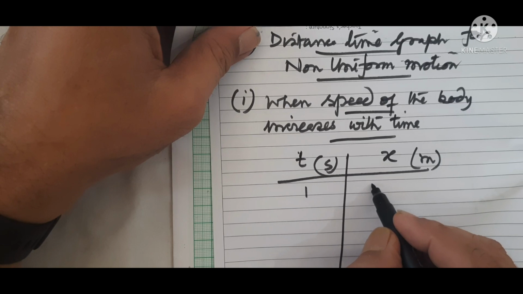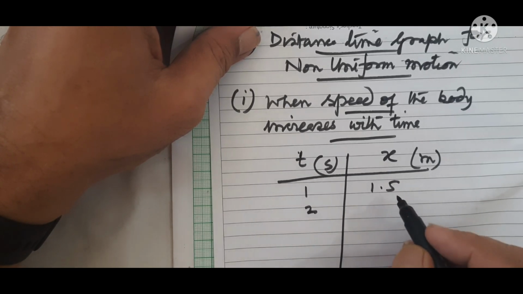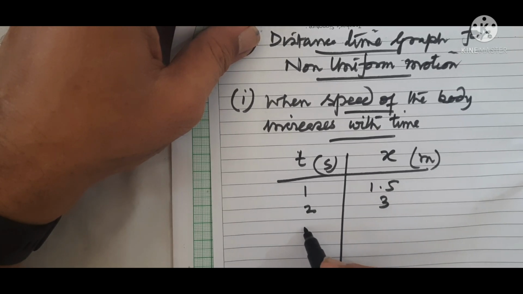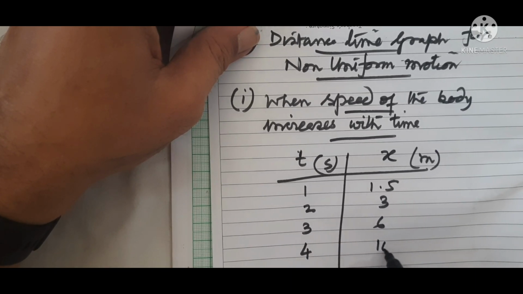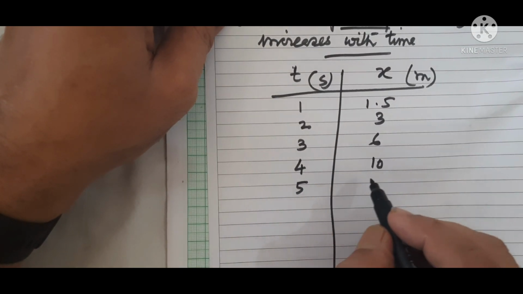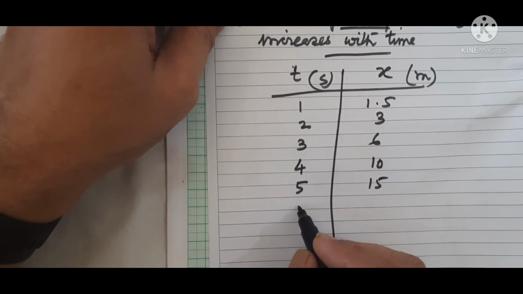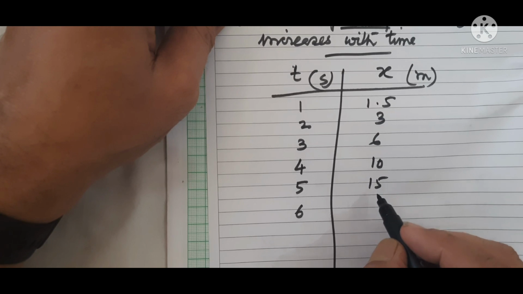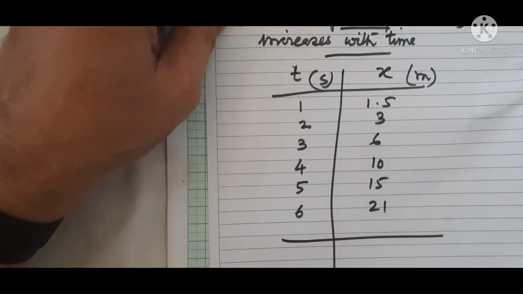1 second distance is 1.5 meter. 2 second 3 meter. 3 seconds 6 meter. 4 second 10 meter. 5 second 15 meter. 6 second say 21 meter, and so on.